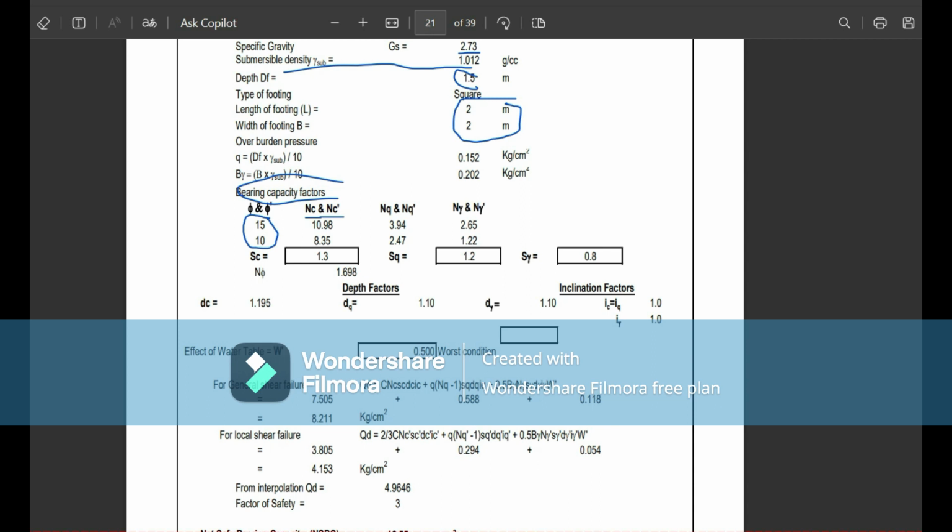So from the code we collect the Nq value and N gamma value, and then the shape factor, and there are some formulas as per the IS code. So the shape factor, some factors, the depth factor, and also the effect of the ground water table above the footing level.